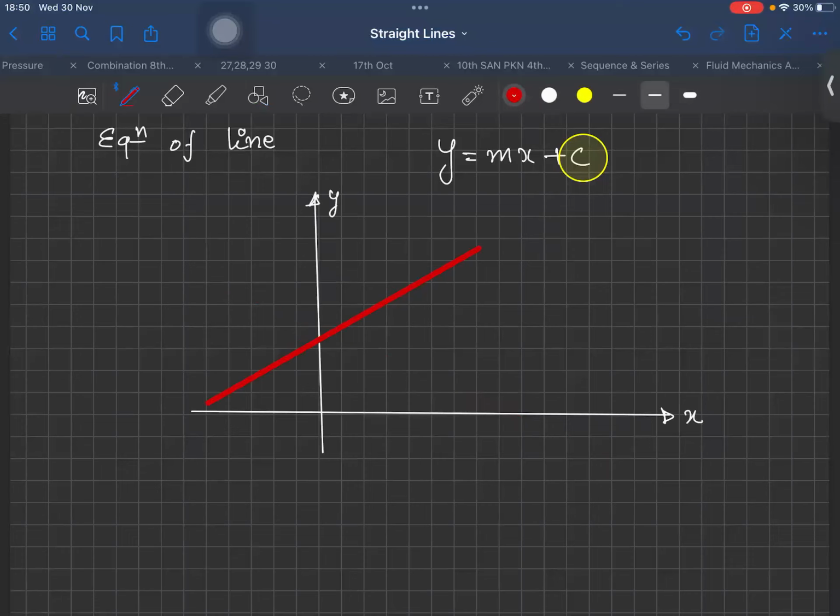Yes, Shreya? Yes. Now, m is the slope. Let's say this is the angle theta, so m is equal to tan theta, right? C is this point, the intercept at this point. C is called the y-intercept. This is the slope intercept formula. It is also called slope intercept formula.